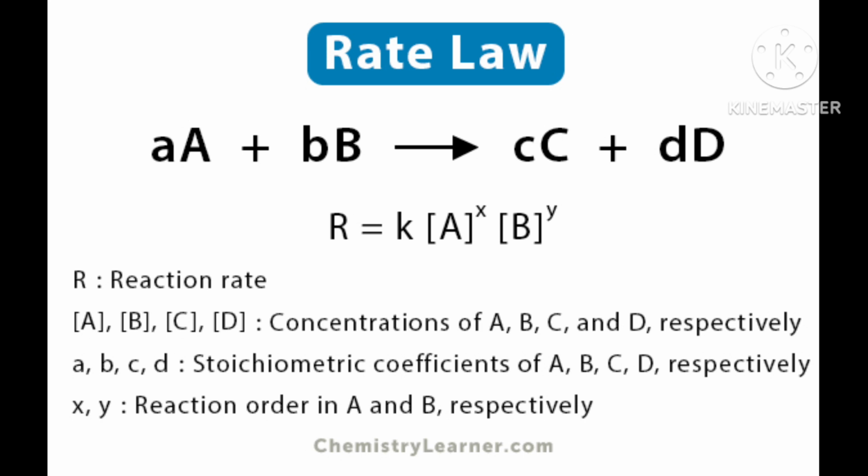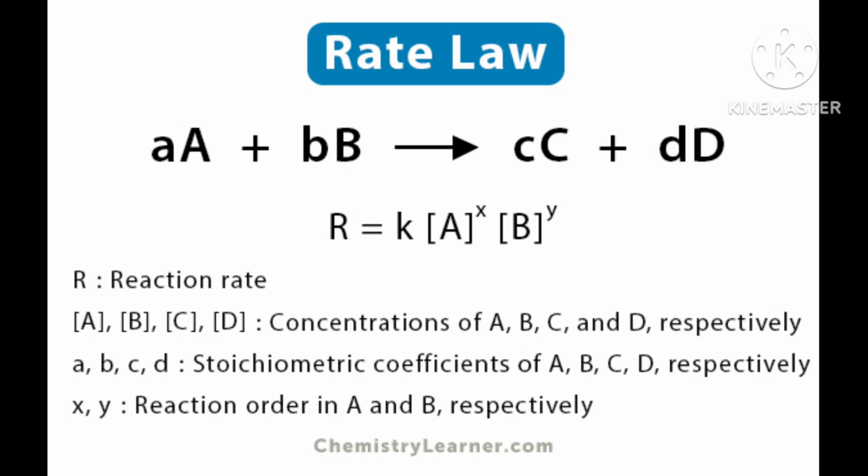Power of A is small x, and power of B is small y. You are not writing b. You have to understand that exponents x and y may or may not be equal to the stoichiometric coefficients of A and B, may or may not be.